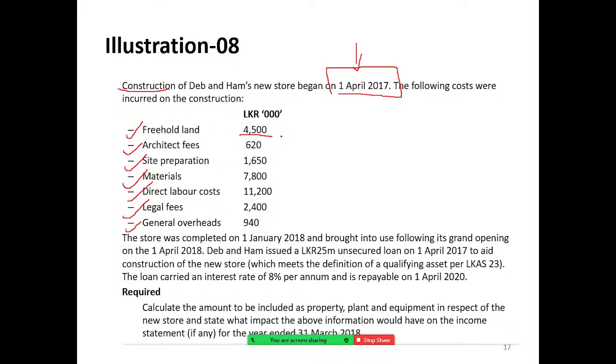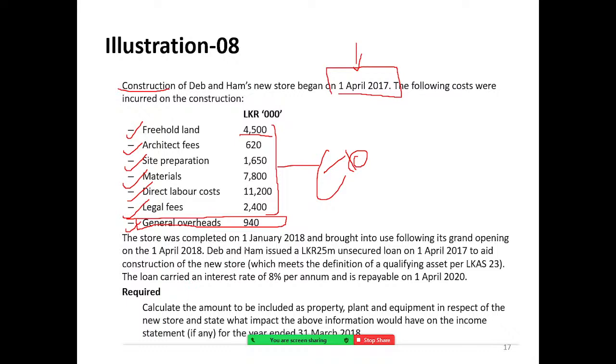All these costs will be considered as elements of the construction, but the general overhead cost cannot be included since it's an operating expense. The general overhead cost cannot be charged to the cost of the construction, and also it is not a directly attributable cost.